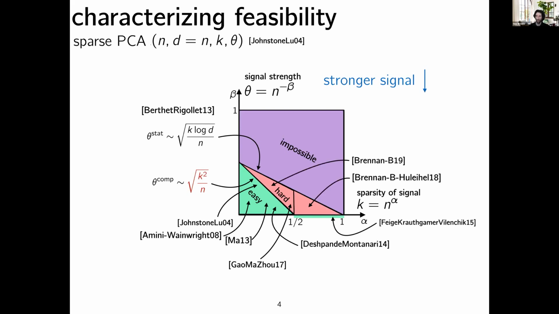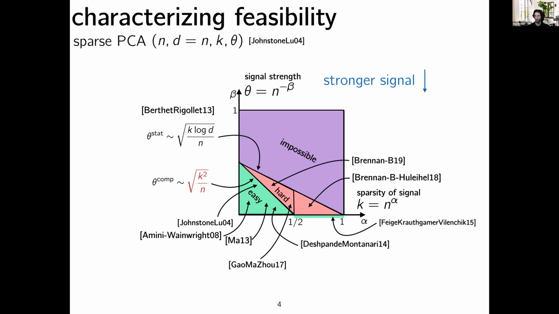What it does at the highest level is partition the set of parameters of the problem into three regions. One, where the problem is just impossible, meaning it's impossible even with infinite computational power. There just isn't enough signal. The information is too weak. There's an easy regime where an efficient algorithm, often linear time or low-order polynomial, can solve the problem.